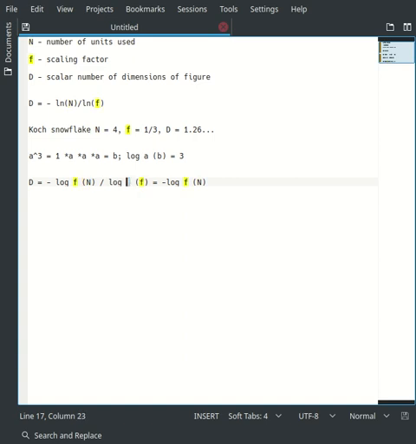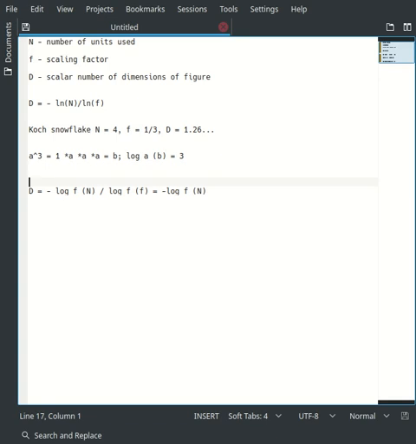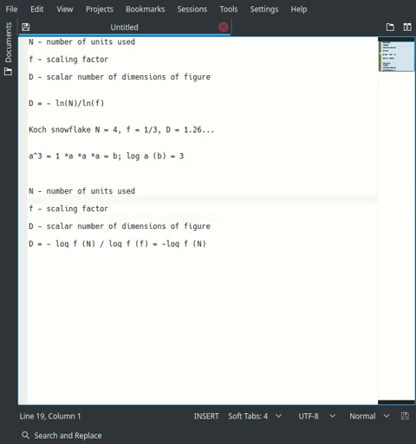Okay? And now f can have a unit included on it. Alright, so if I think this through a little better, this has to be scalar, this has to be scalar. There you go. So the arguments of these logarithms must be scalar because the base is scalar.